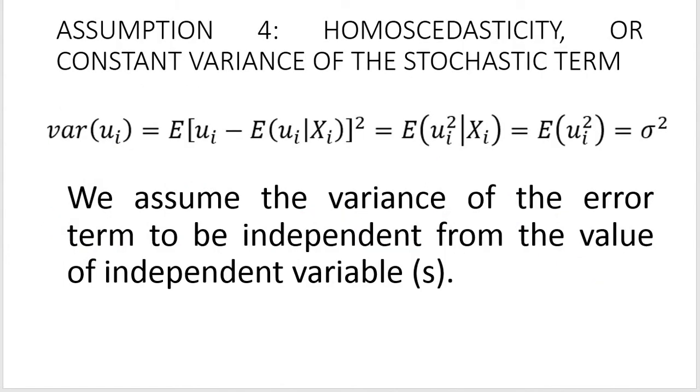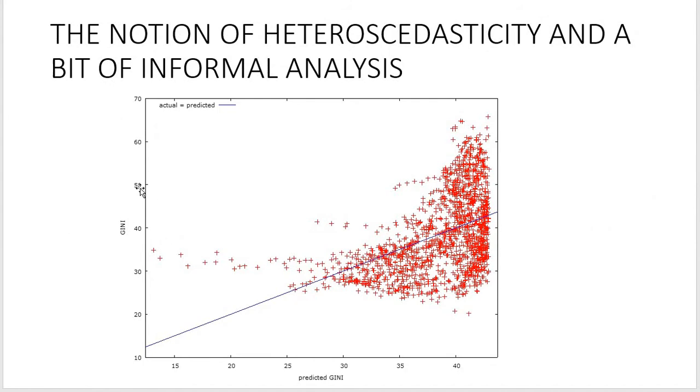Assumption 4, homoscedasticity, or constant variance of the stochastic term. Basically it means that we assume the variance of the error term, or u, the stochastic term, to be independent from the value of the independent variable. Again, here you have the actual value of the Gini coefficient against the predicted value of the Gini coefficient.